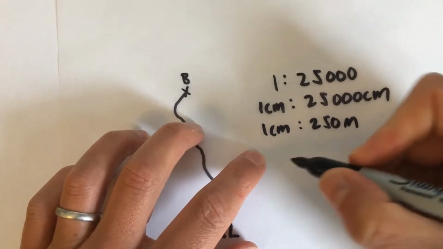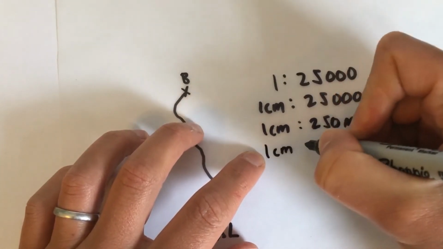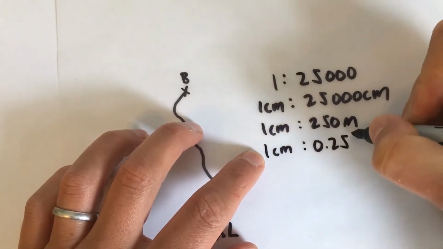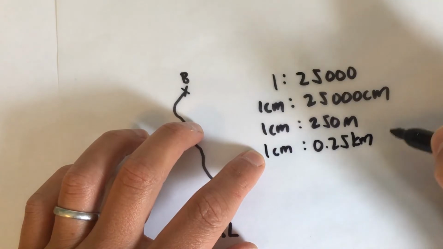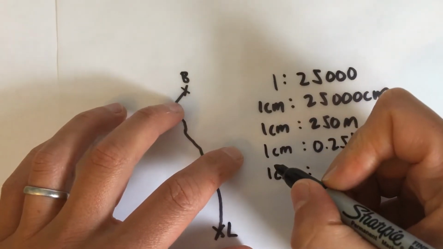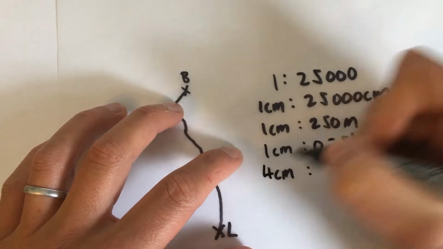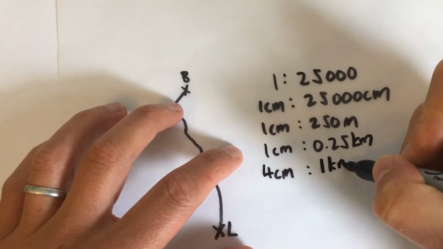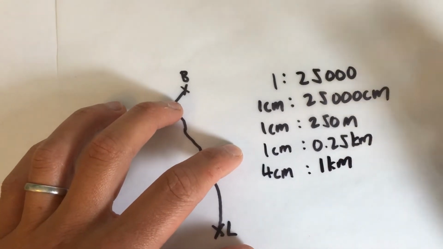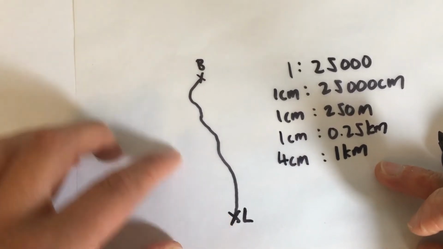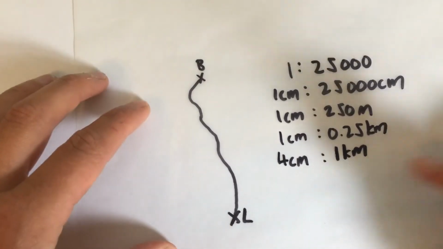We can even go on to say that 1 centimetre on the map is equal to 0.25 kilometres by dividing by 1,000. But it may be more useful for us to say that 4 centimetres on the map is equal to 1 kilometre. Now we've got this information, let's work out the distance between the two places.